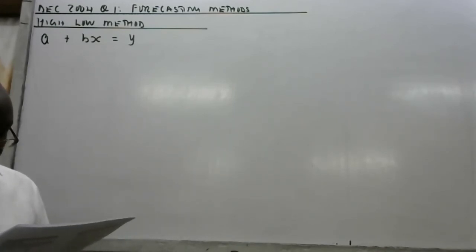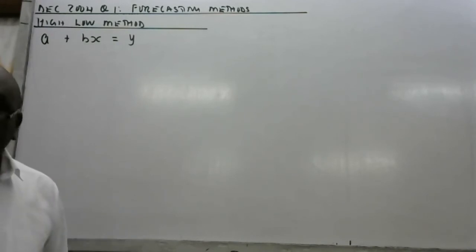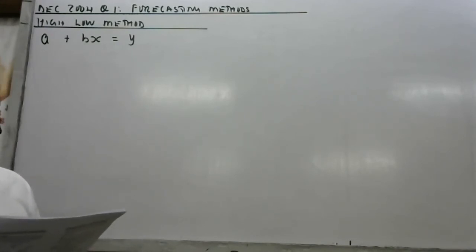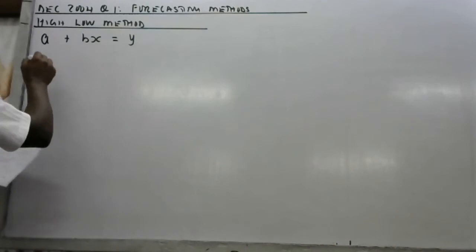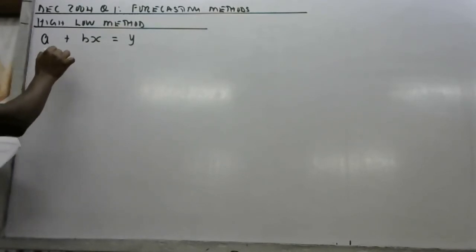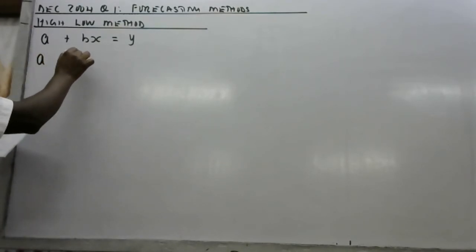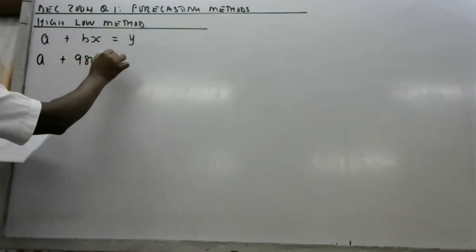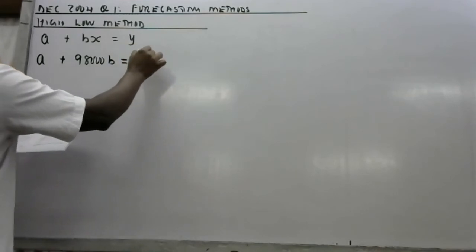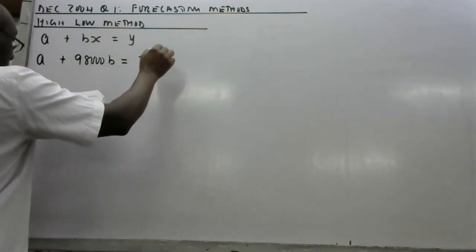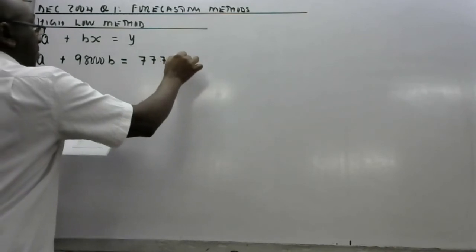The highest number of units inapatikana as 93. No, not 93. There is a 98. So your 98, I hope you can see it. Tutasema A plus 98,000 B. The cost of that 98 is 777,640.